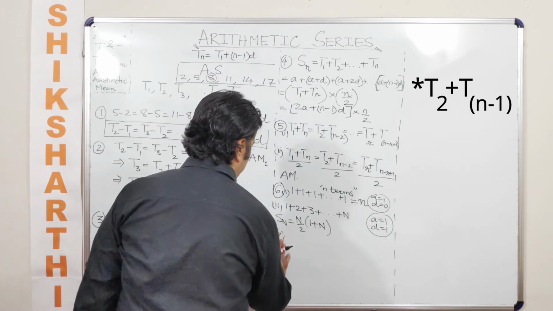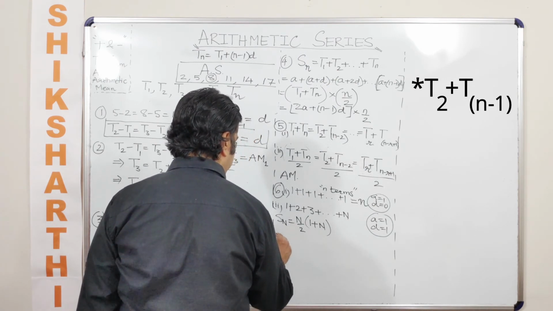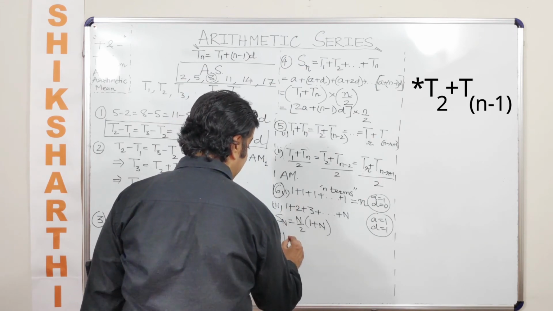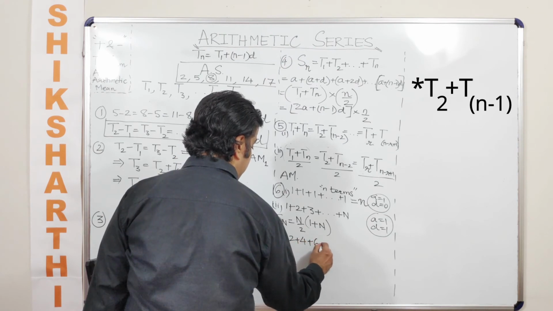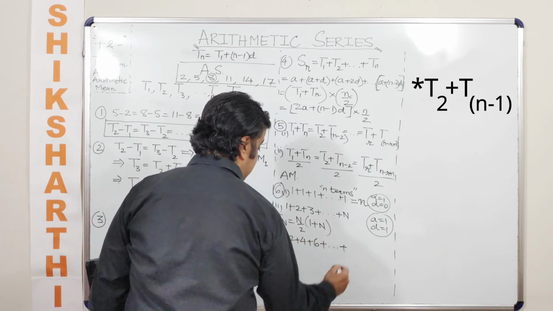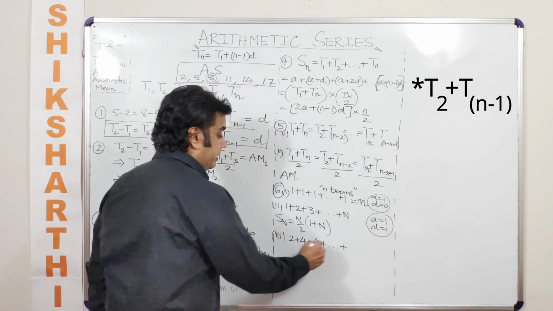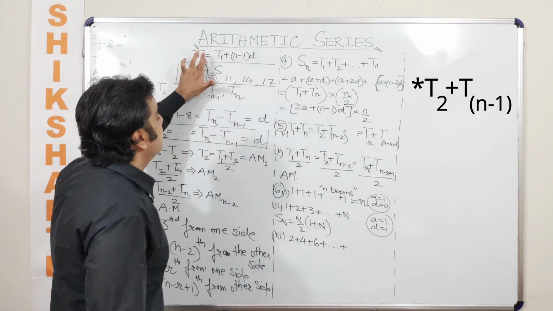Okay, so let's say point number 3, I am taking an arithmetic series like 2 plus 4 plus 6. This is just like saying I am taking the first n even numbers. How can I find the nth term for an even number?